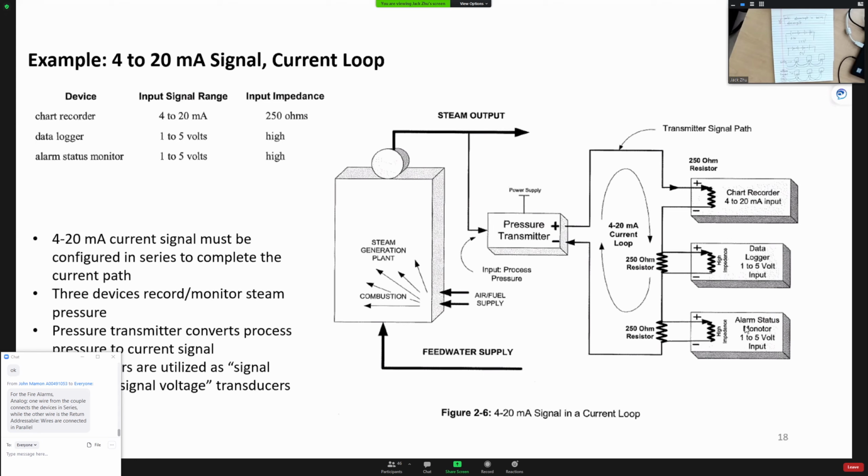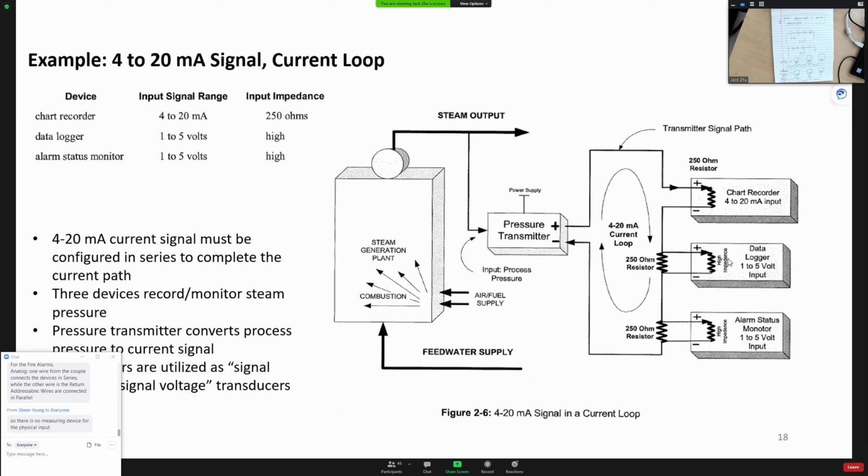The data log and the alarm down here have a very high, super high input impedance. So if you're driving a current through that high input impedance, the supply probably is not going to supply enough current for that. That's one thing.